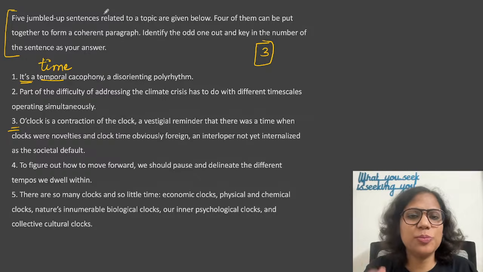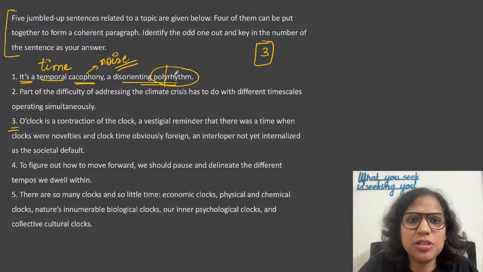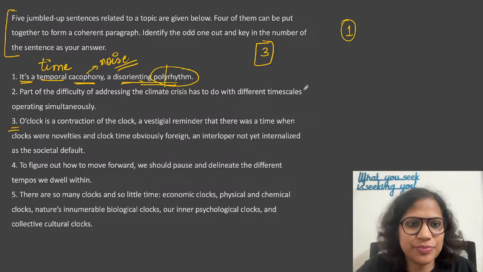Okay, I'm back now. Perfect. Okay. So time related cacophony is basically noise. So it's a temporal cacophony, a disorienting polyrhythm, multiple rhythms that disorient you. So what is it referring to? Let's make pairs in this.